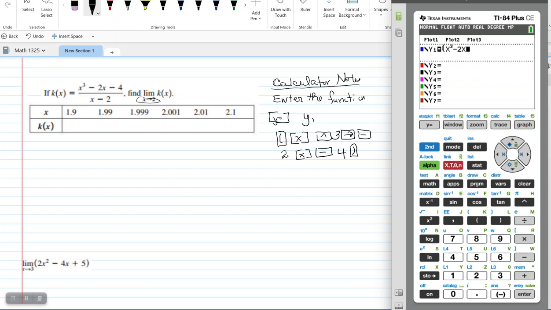X is second row, second key, minus 4, close parenthesis is my numerator. Don't put it in parentheses, it will not work.